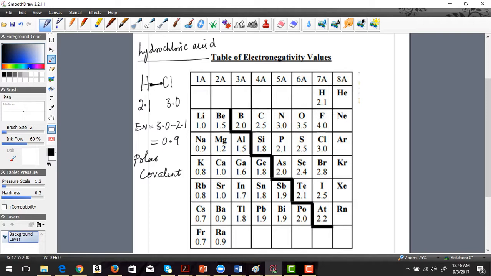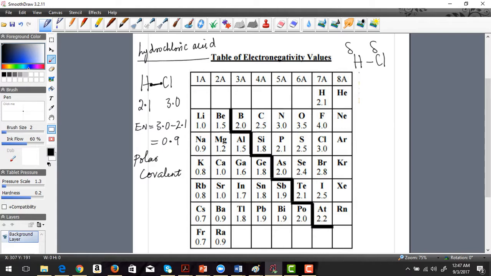It kind of leans more, it has a soft corner towards the side with the most electronegative value. Okay, there's 2 ways that you can represent that idea. One is you can use delta, which is a partial symbol, not 50-50 but more like a 60-40 or 70-30, but it's partial. Okay, that's what it comes down to.